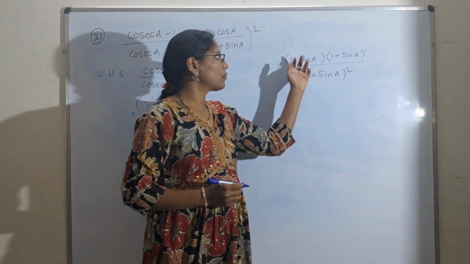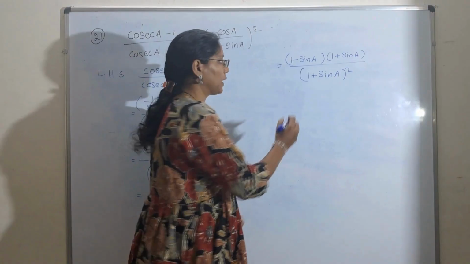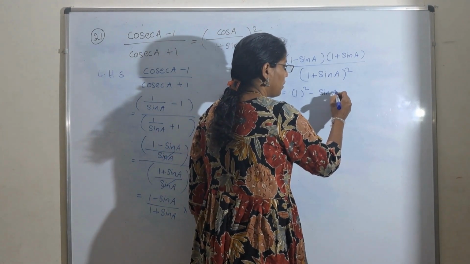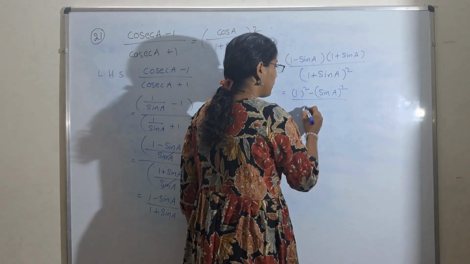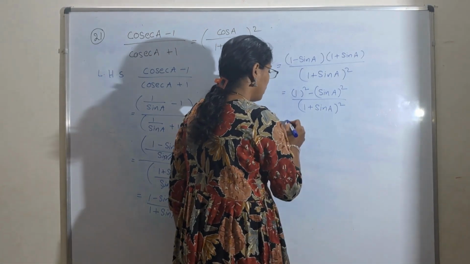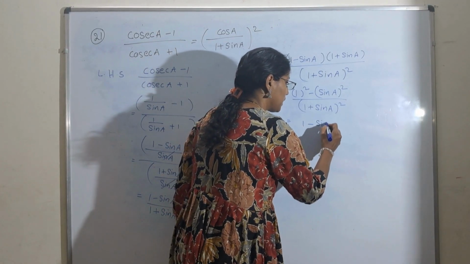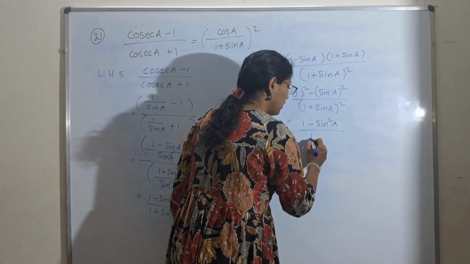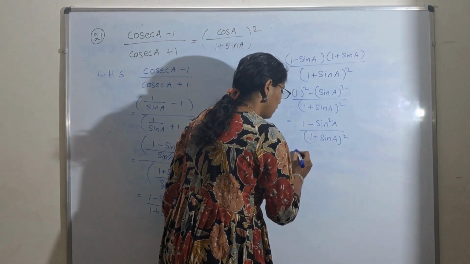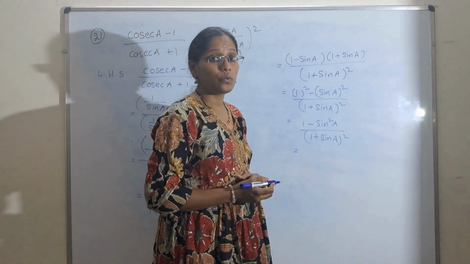Now numerator you should observe, A plus B, A minus B, A plus B formula we can apply. 1 square minus sin A whole square we can write by 1 plus sin A. Denominator I am not changing. Here 1 square value is 1, minus sin square A by 1 plus sin A whole square. 1 minus sin square, how to write? Cos square we can write. We are using identity.